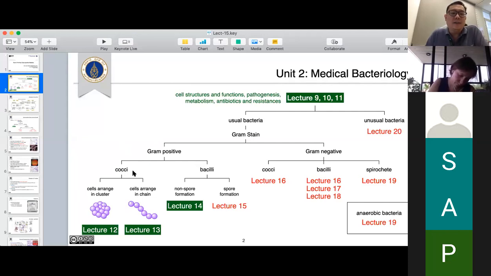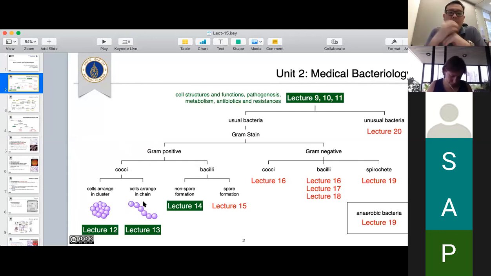Gram-positive cocci were done in lecture 12, Staphylococcus, and lecture 13, Streptococcus and Enterococci. The main thing is you need to go back and identify the major characteristics of those bacteria.